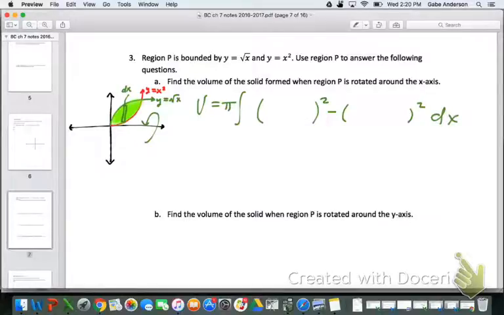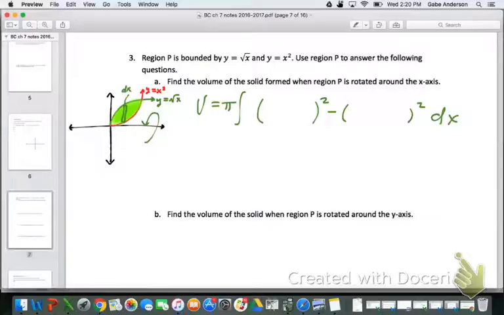And then the last thing we've got to do is put the radii in. The first set of parentheses is going to be for the bigger radius. So that would be for the function that is further away from the axis of rotation. So looking at the graph, your graph, my graph, whatever it is, which function is further from the axis of rotation? Root x. Yep, on our interval it's root x.